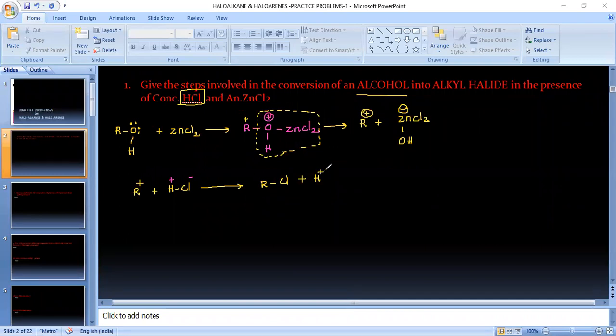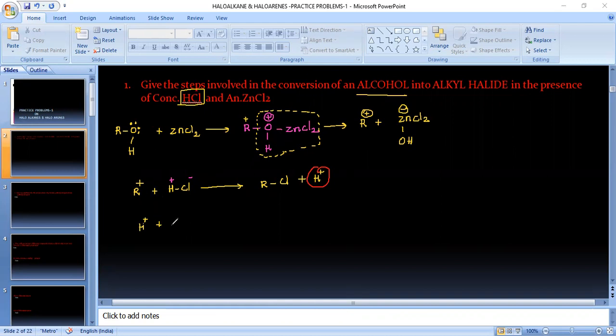This loss of H plus reacts with the easily leaving group ZnCl2OH, the intermediate product.